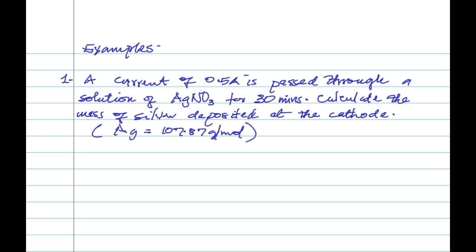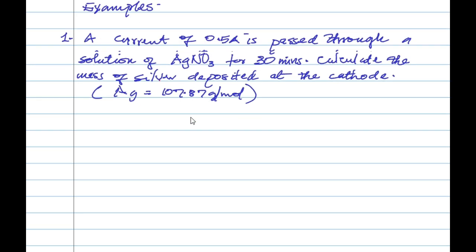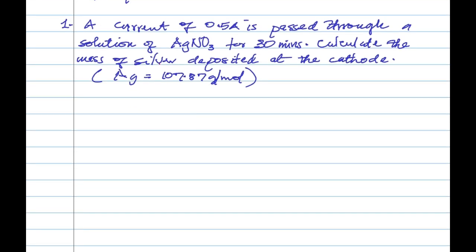So let's look at the steps involved in solving this problem. The first is to write a half equation for the reaction, that is, for the deposition of silver. It is very important. That is the reaction that happens at the cathode.